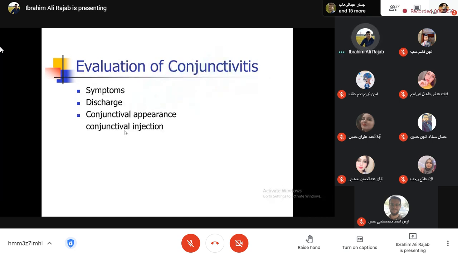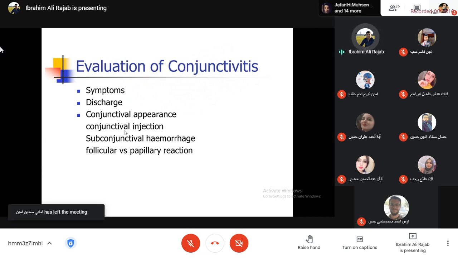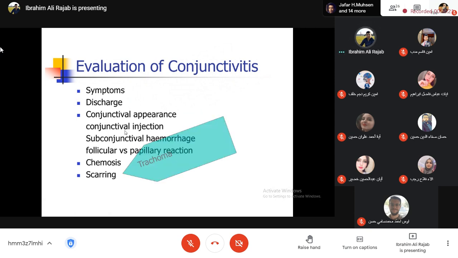In examination, to know whether the cause is viral, bacterial, or allergic, we should also search for a specific sign called conjunctival reaction. I mean, the reaction of the conjunctiva to the inflammation, whether it is follicular or papillary. What I mean by follicular or papillary, we will see later on.